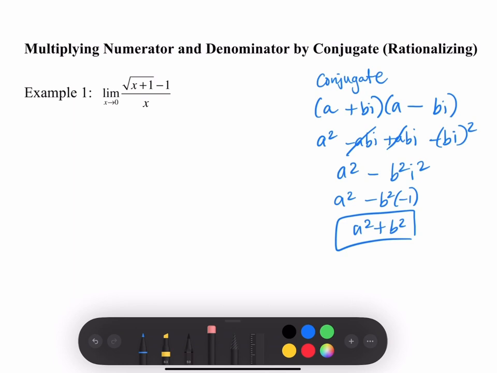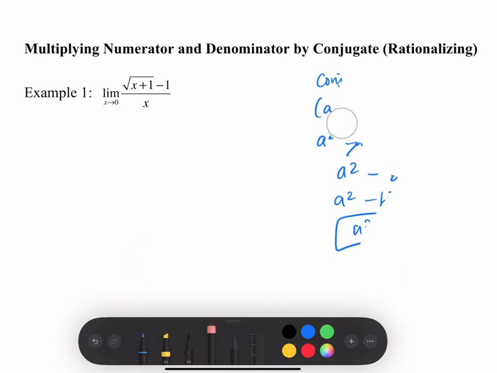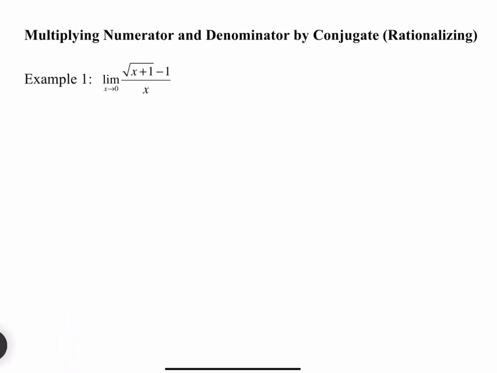So the conjugate is useful when we are dealing with an expression that has either a radical or an imaginary number that we kind of want to get rid of. So for this example, I'm going to use the conjugate because right now, if I use direct substitution and I plug in 0 into my denominator, this is automatically undefined.